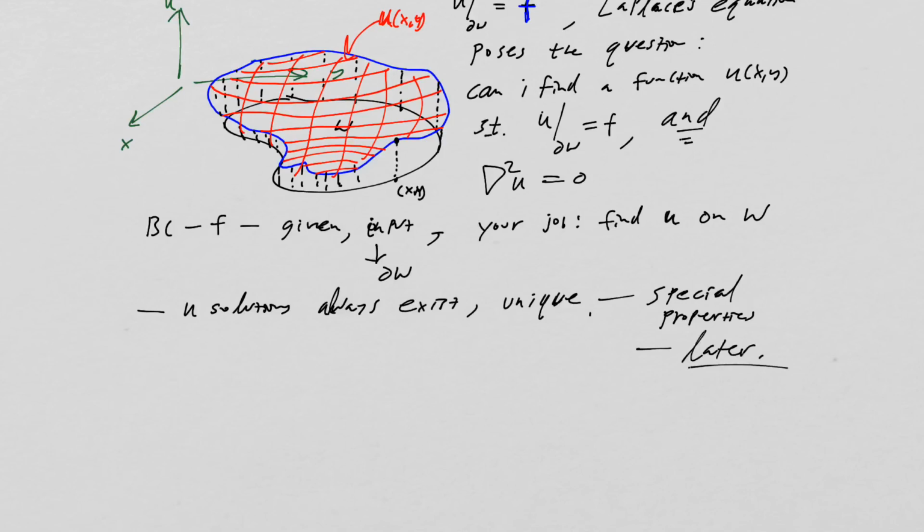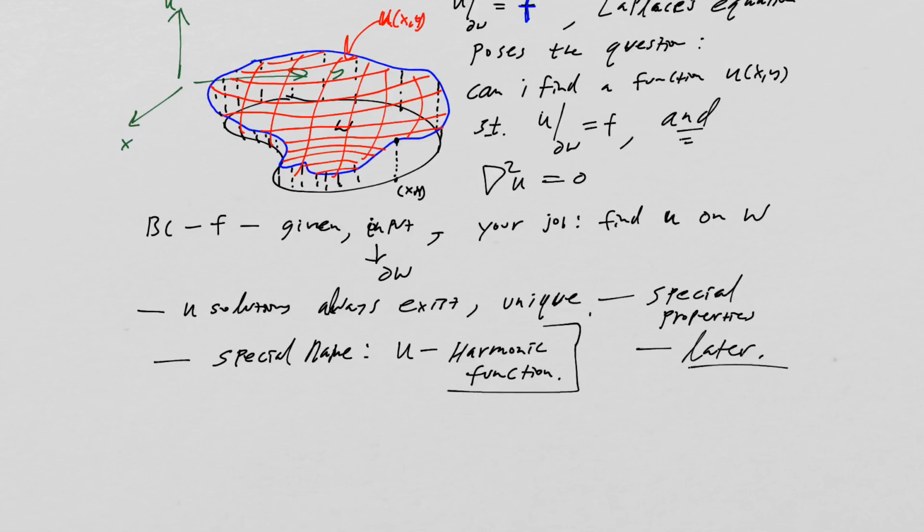We won't talk about them in this video because there's too many to list right here. What we can say though is that these solutions are special. They give them a special name. They call u a harmonic function. So that is a very special name, and that means it solves Laplace's equation.